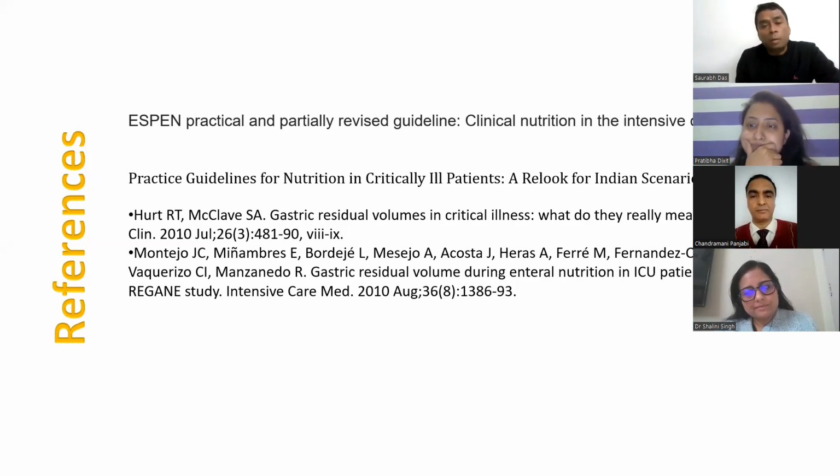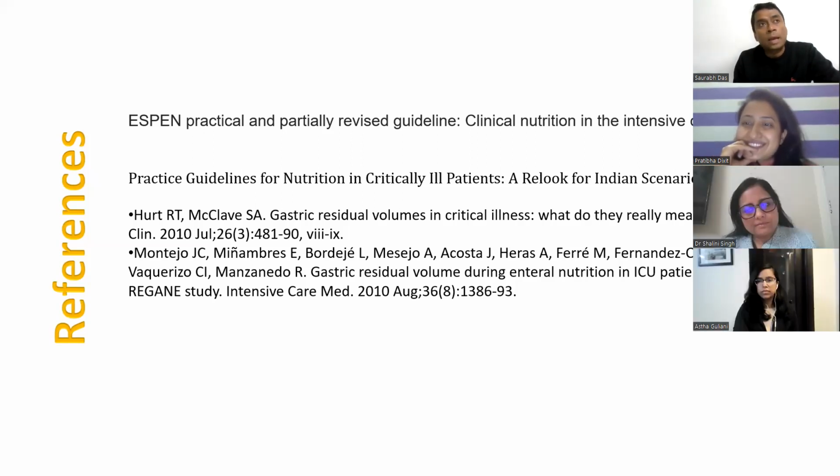But later on, and we are also doing a study, Pratibha is aware of that, we try to see the calorie deficit in critically ill patients in the first week. When the patient has recovered from shock and the criticalness is less, then we can try to compensate for this calorie deficit in later days, like on day 3, on day 4. Initially, nutrition usually takes the back seat, and hemodynamic optimization and infection control take the front seat.